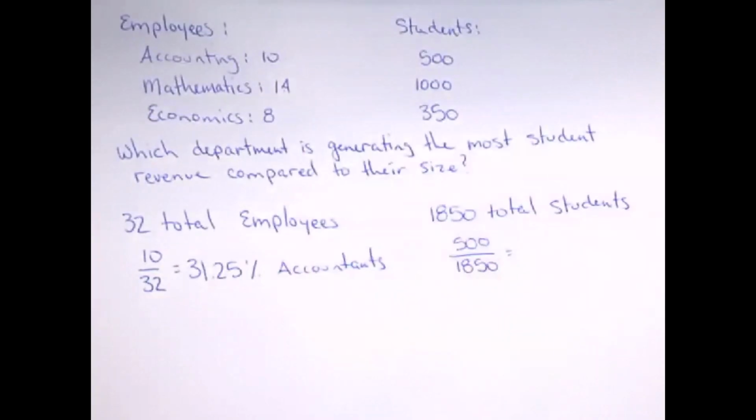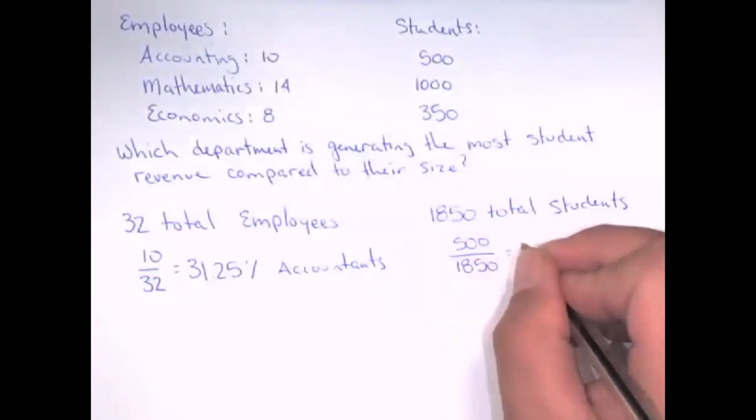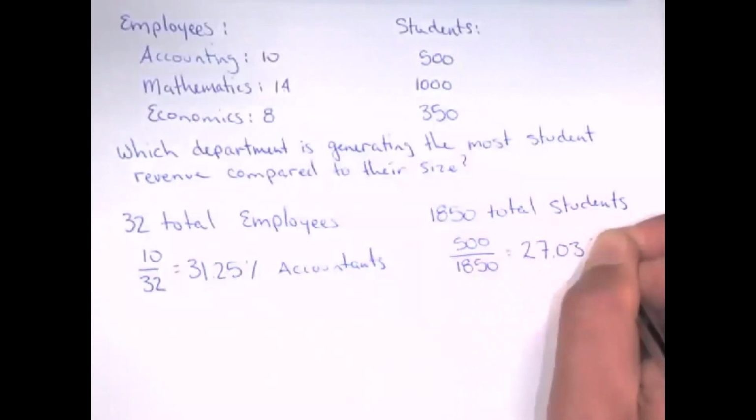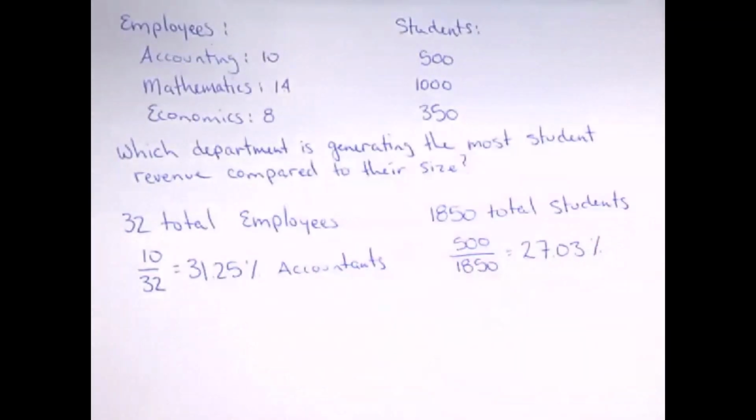And so that's 27.03%. Okay, so the accountants produce a smaller percentage of students relative to the number of employees they have.